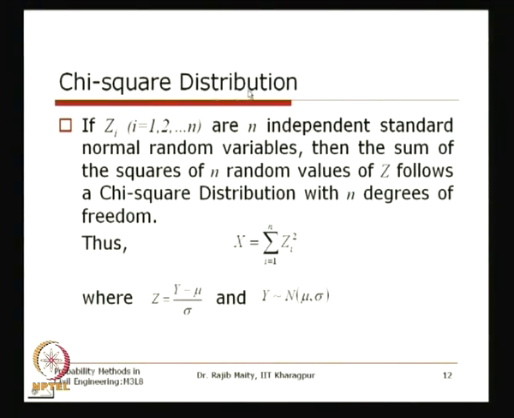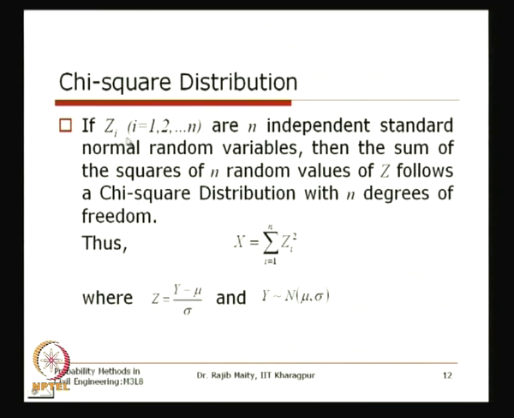Once the sample data is available to us, we generally have to test which distribution it is following. This can be tested statistically, and that test is generally done through the chi-square test, based on the chi-square distribution. We will now understand what this distribution is and what its different properties are.